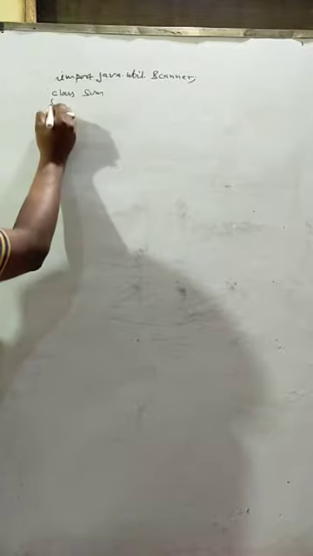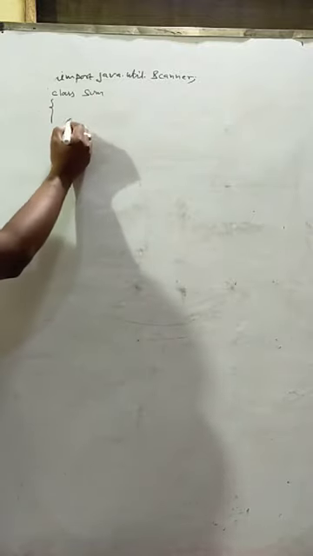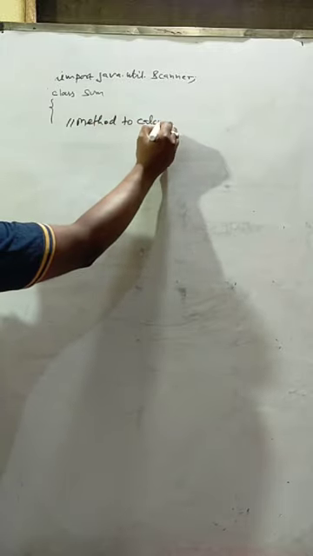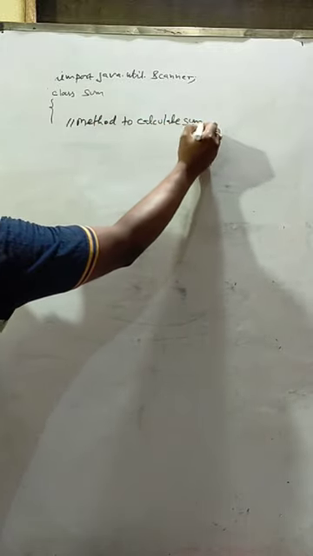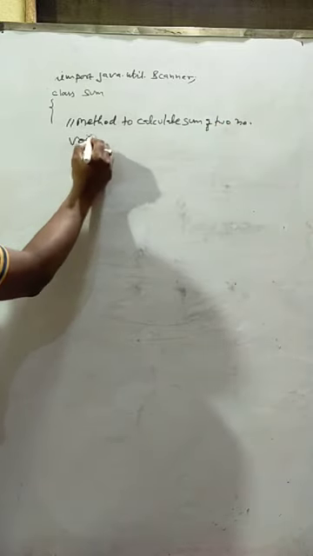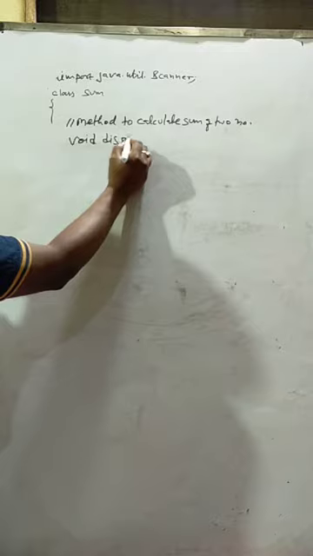After this, the class, any name, Sum, then a method to calculate the sum of two numbers: void display.